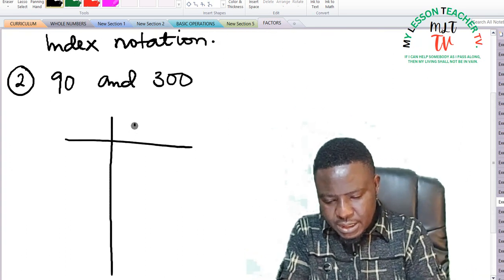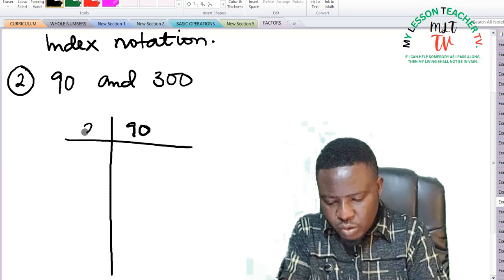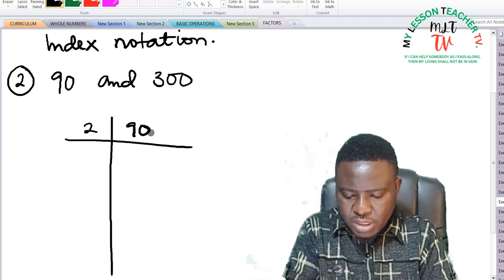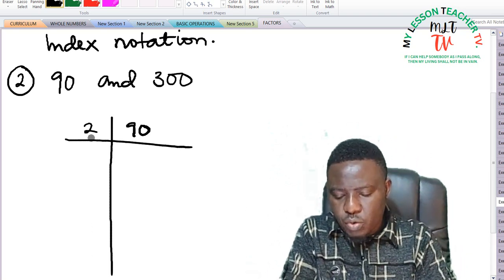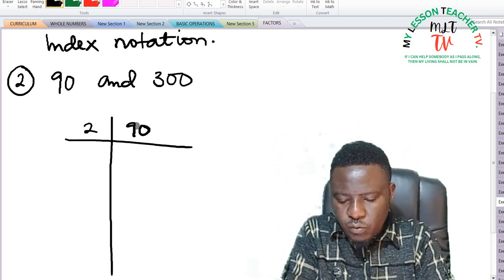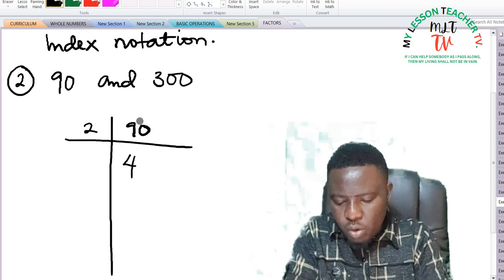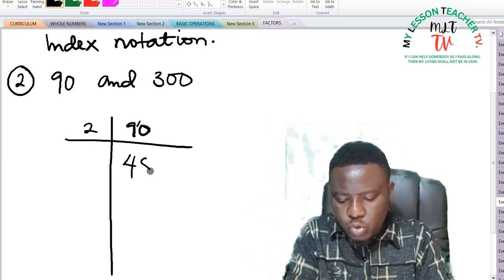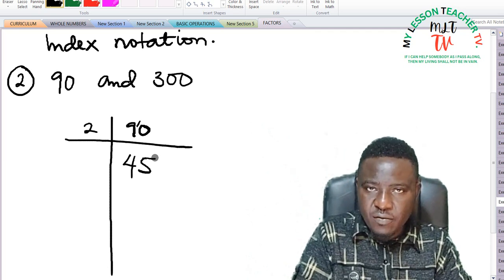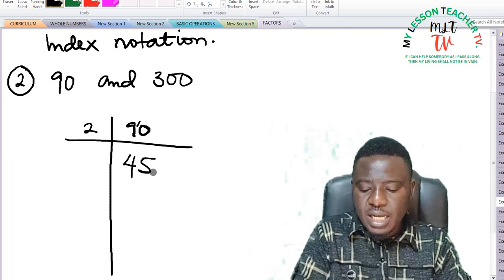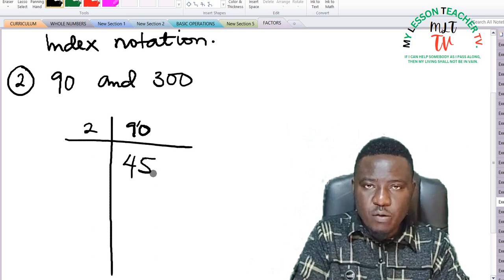expressing 90 as a product of its prime factors, 2 can divide because the last digit of 90 is 0, which is divisible by 2. So 2 into 9 is 4 remainder 1. This becomes 10. 2 into 10 is 5. 2 can no longer divide 45 because the last digit is not a multiple of 2.